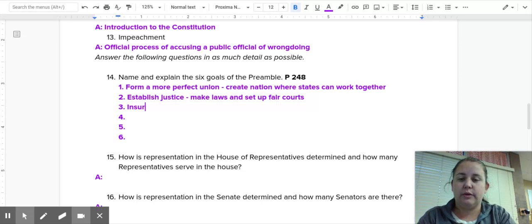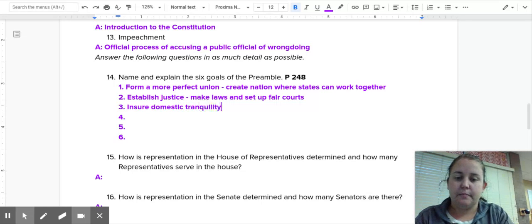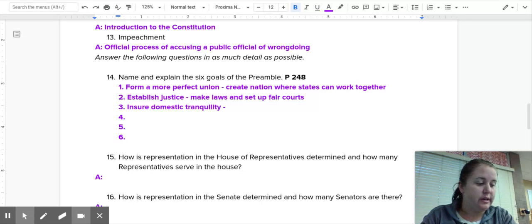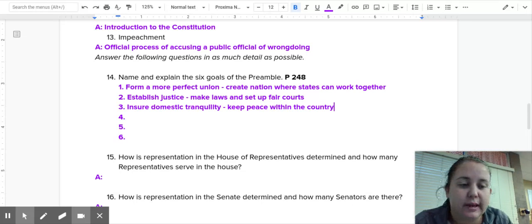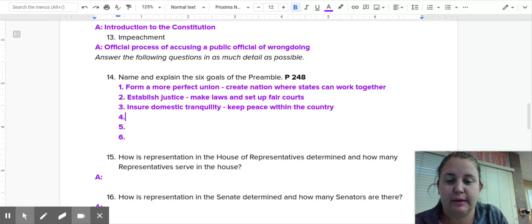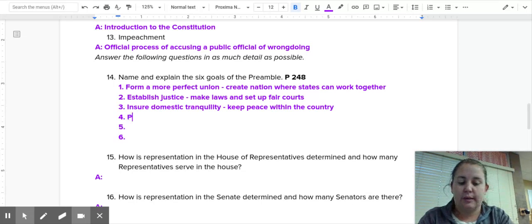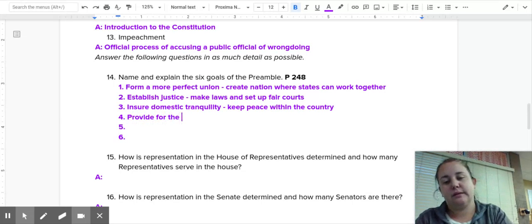The third thing is they are going to ensure domestic tranquility. Domestic means inside the country. So this really means keep peace within the country. Remember, there had been some rebellion. Shays' Rebellion had happened. The Founding Fathers want to make sure that our country is being peaceful and provide for the common defense.